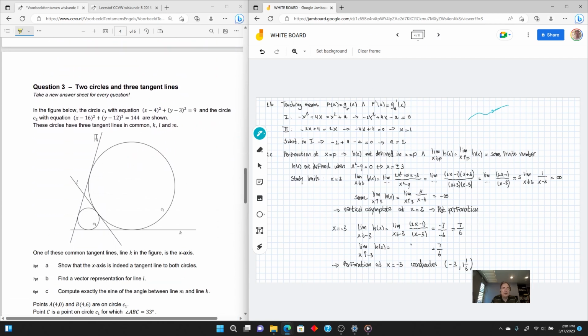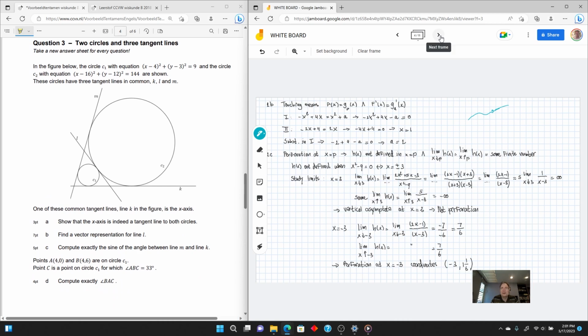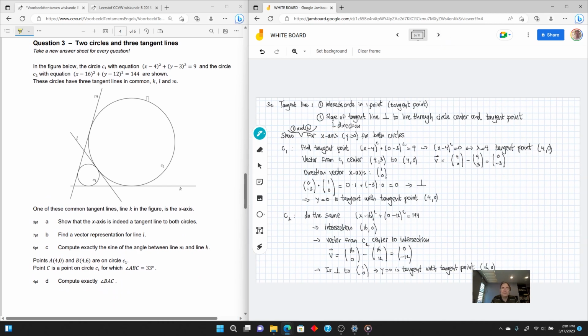Question 3, the two circles and the 3 lines. We have this circle C1, C2, and 3 tangent lines that are in common to the circles. And in particular, K is one of the tangent lines, and K is the x-axis.